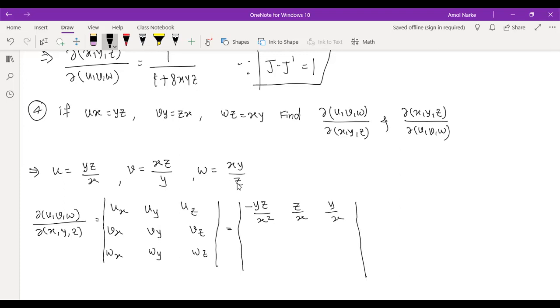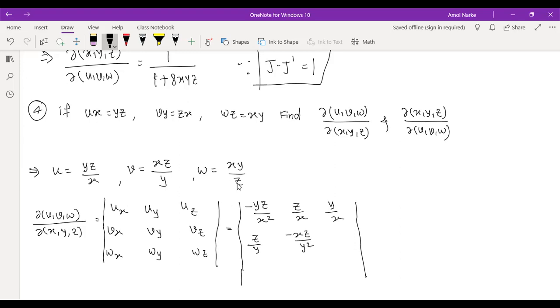Now similarly, v with respect to x, vx, is z divided by y. Next is v with respect to y: minus xz upon y square. Very good.